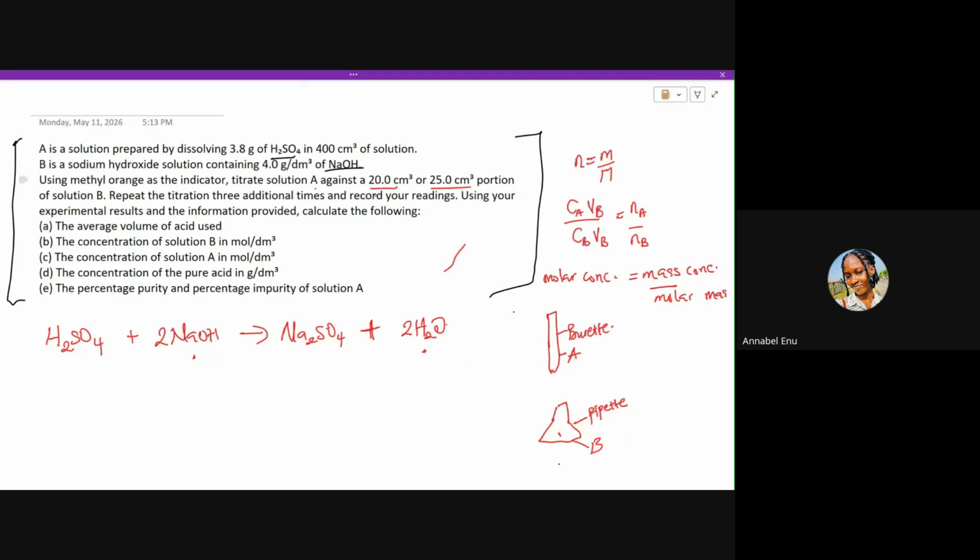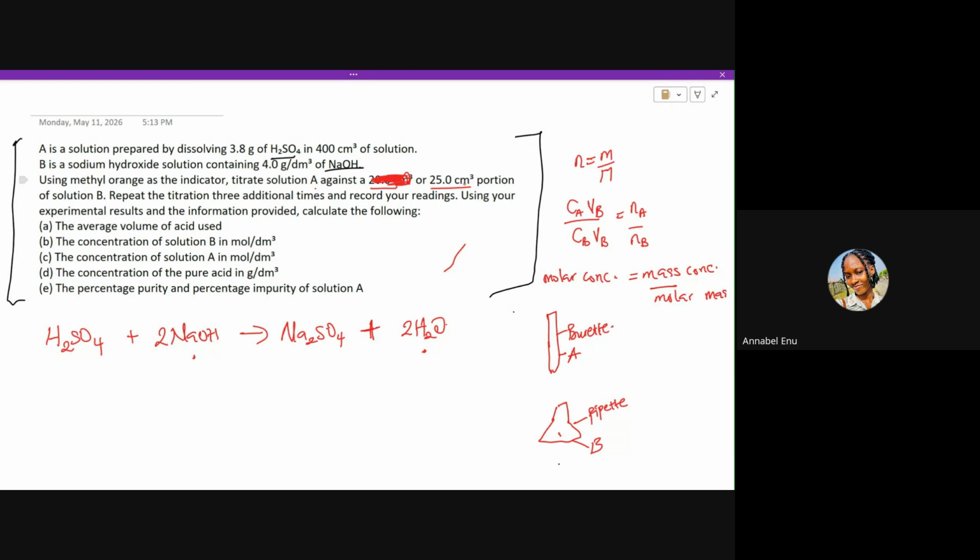So we're going to be sticking with 25. So let us just try to ignore the other one. So that is to say we are titrating solution A, which is our acid from the burette, against 25 centimeters cube pipette. So repeat the titration 3 times, record your readings.